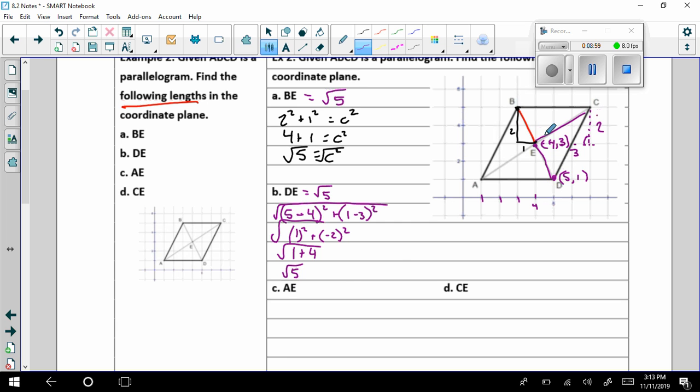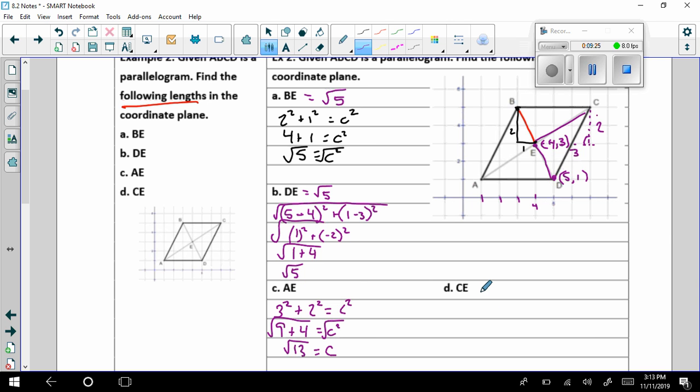So even if it's not inside of the shape, it's okay. So that would be 3 squared plus 2 squared equals c squared. So 9 plus 4. So square root of 13, again that doesn't reduce, is the length of AE.